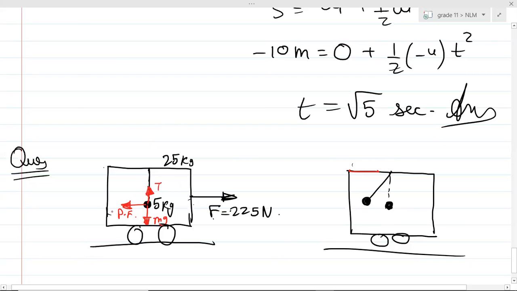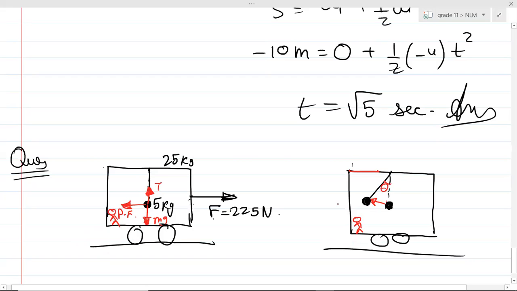If we talk in the frame of reference of the cart, with respect to this person who is sitting inside the cart, what will this person observe? That this pendulum goes in this direction and makes a certain angle theta.